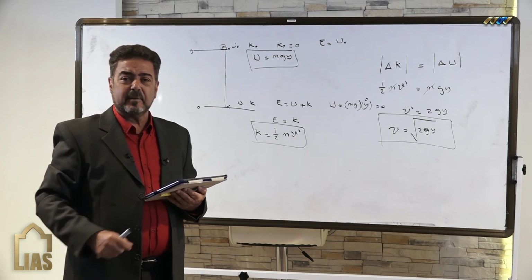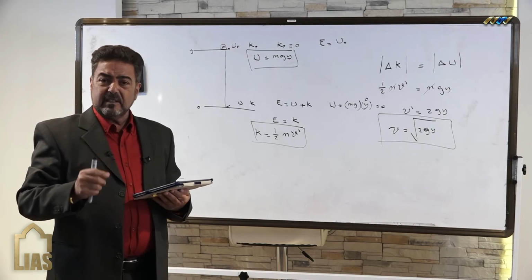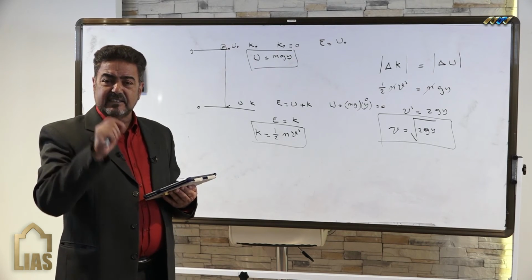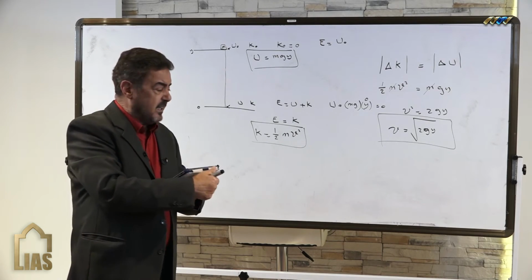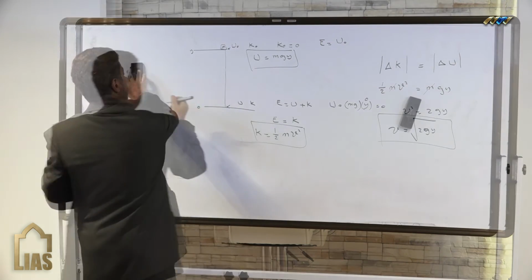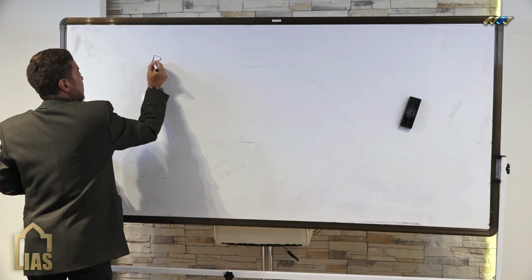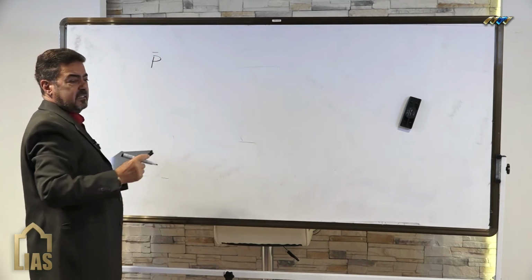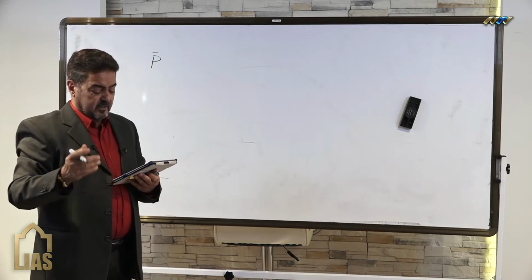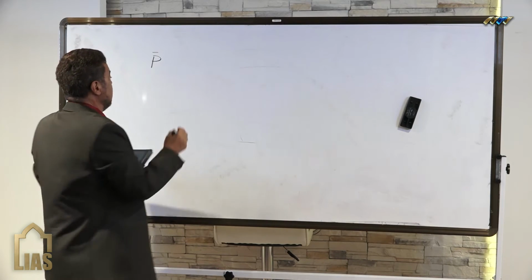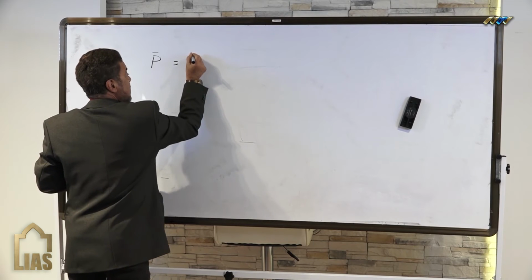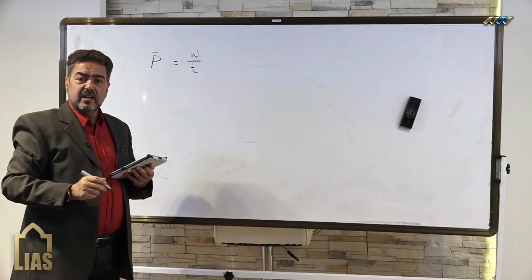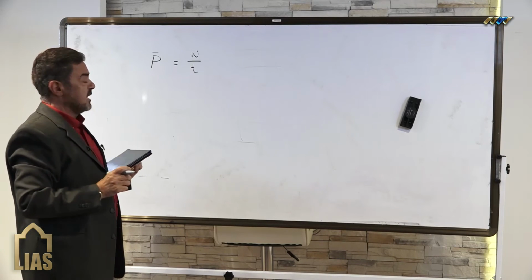Power. What's power? Power is work at a certain time. And they put the power in that because it's a vector quantity. It is the work done in a certain time.